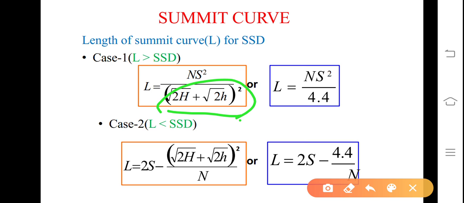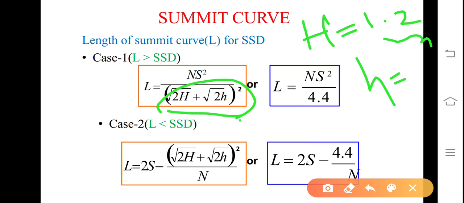If you simplify this by taking H equal to 1.2 meter in case of sight distance, and small h value equal to 0.15, which you have already studied under SSD, and substitute these values, you will get L = N S squared by 4.4.